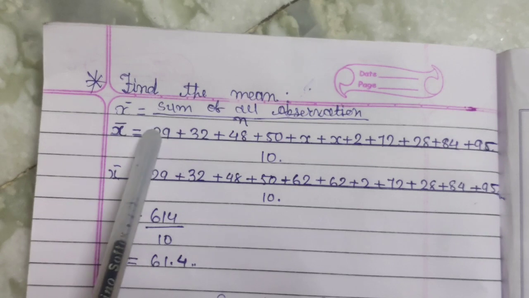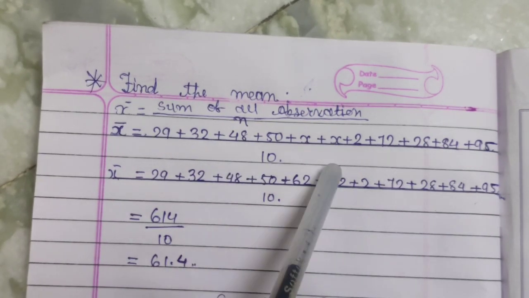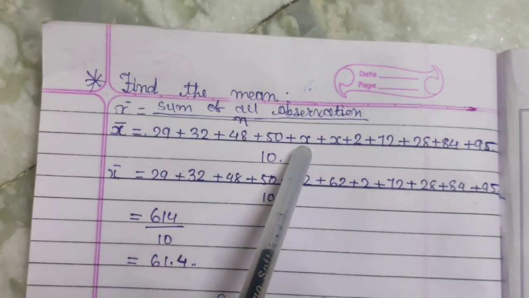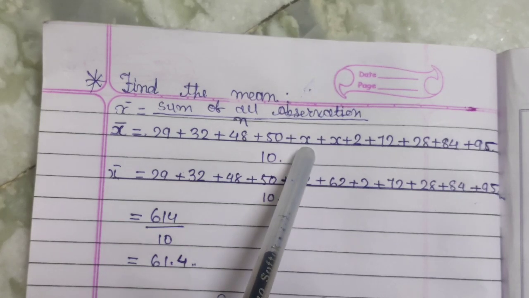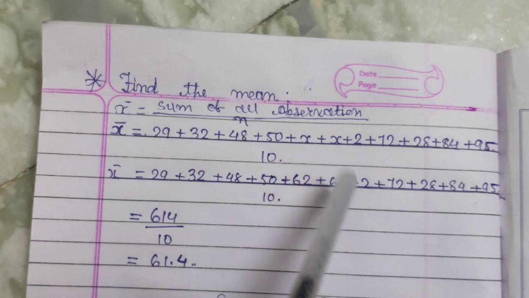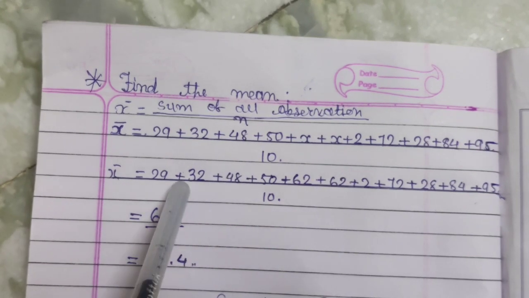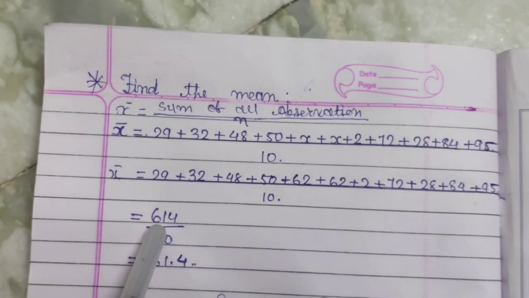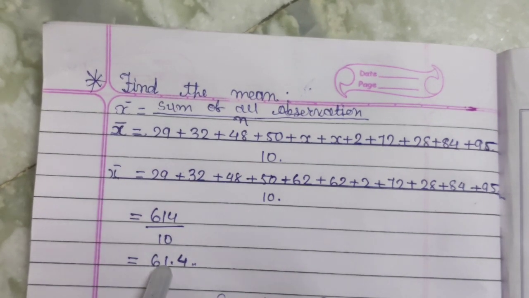So x bar is equal to the sum of all observations, where I have put 62 instead of x, as we have already found it. So the sum of all observations is 614 divided by 10. So 61.4 is your final answer.